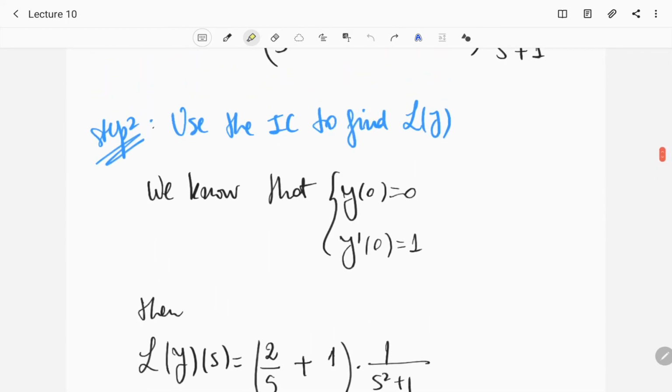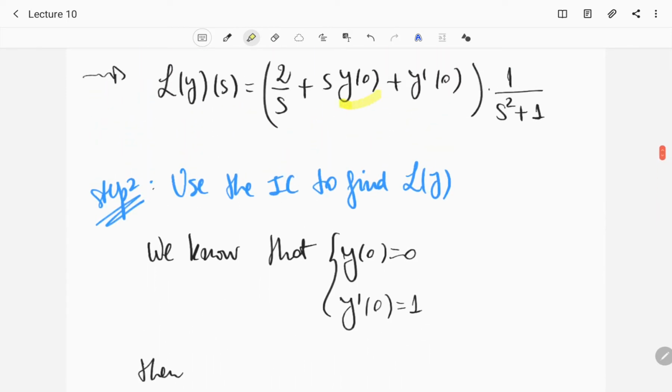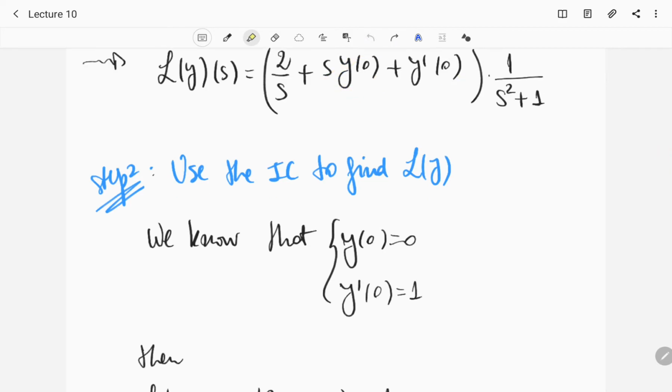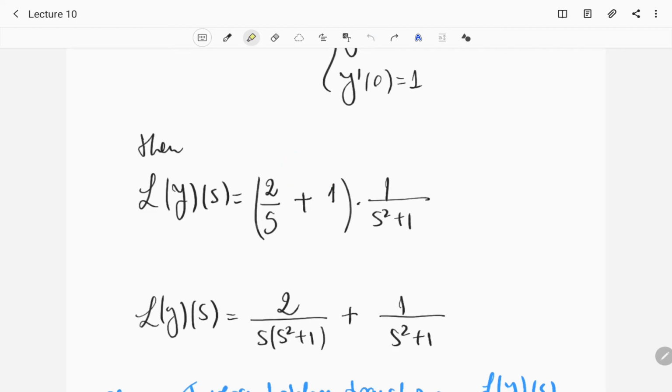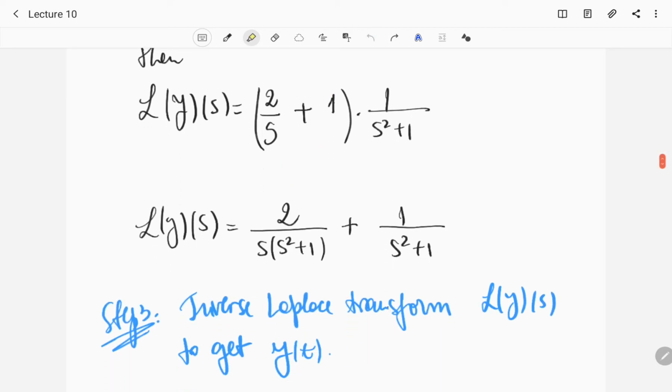Replacing the information in this expression, here is 0, so this term is gone, and here we have a 1. That's why we have this new expression. Now we can distribute this, for example, and we get this expression here.